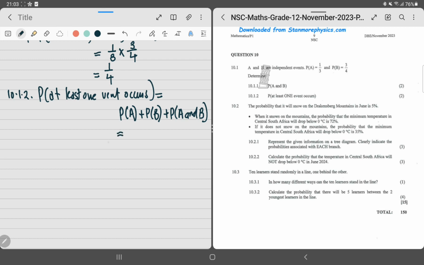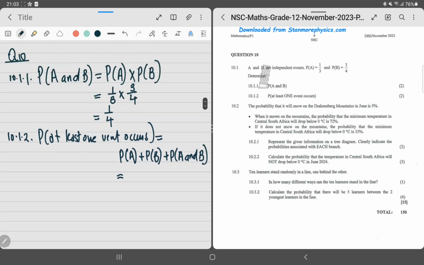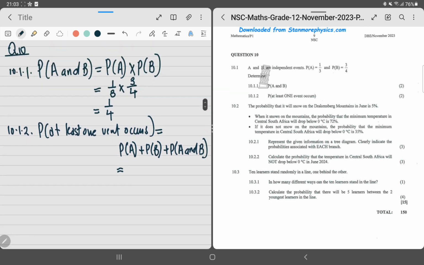The probability of A alone should be equal to, so we know that the probability of A, the whole of A, is 1/3. So the probability of A alone should be 1/3 minus 1/4. So this is going to be 1/12.